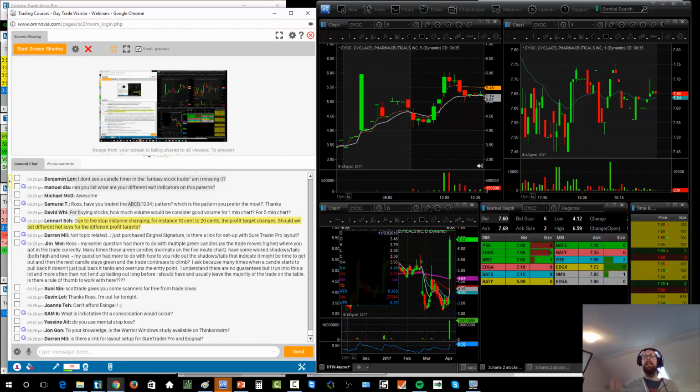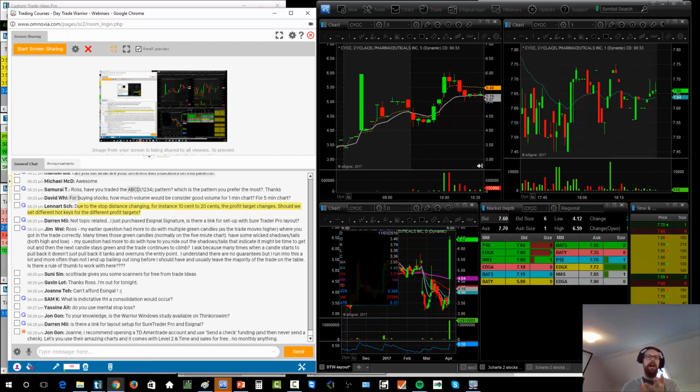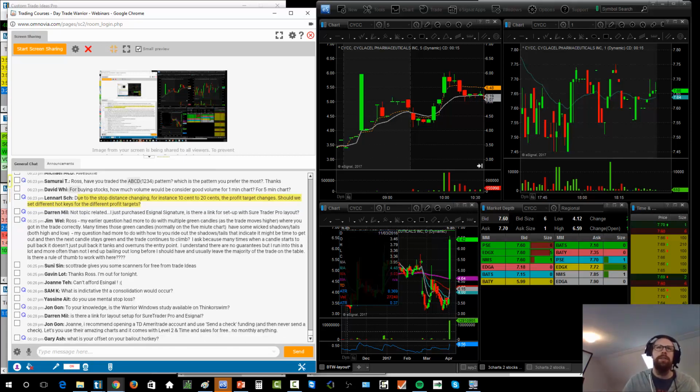So depending on the type of stock you're looking at and what you think makes sense, you can definitely do that. I would probably at the most use 2 different versions. One would be 10 cent stop, 20 cent target, and the other would be 20 cent stop, 40 cent target. If you start having dozens of hotkeys, it's going to get confusing.